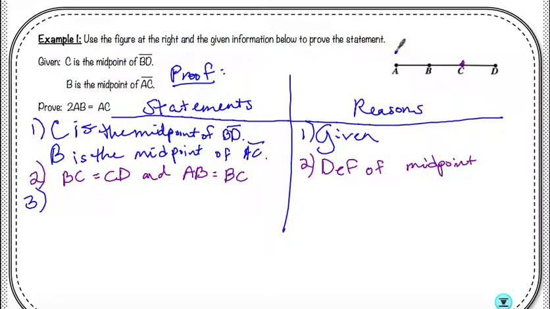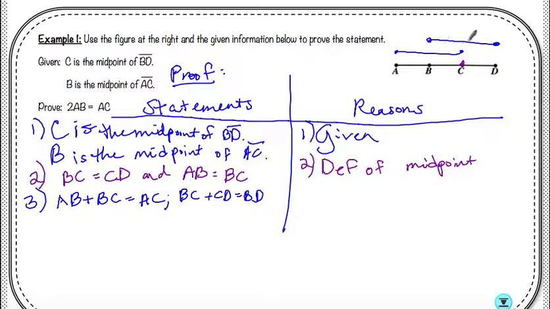You see this segment AC here, it's made up of AB and BC, so I can say AB plus BC equals AC. And I can say BC plus CD is equal to BD. Okay, so that's this other segment up here. BD is equal to BC and CD. Put those together, you get BD. These two statements that I wrote, this is called the segment addition postulate.